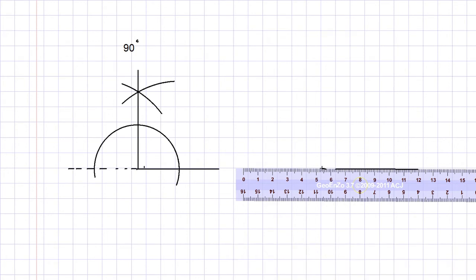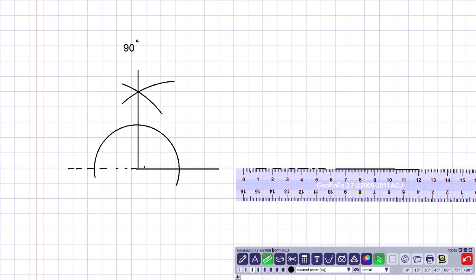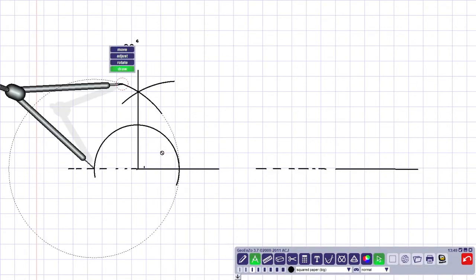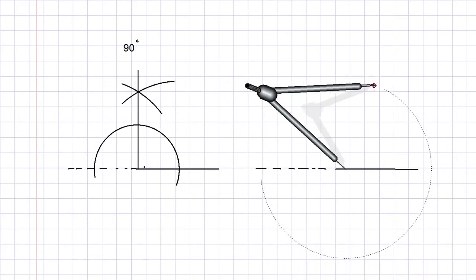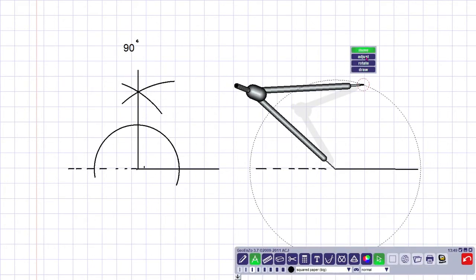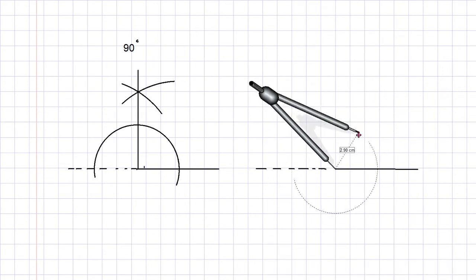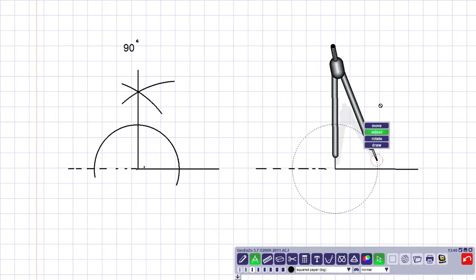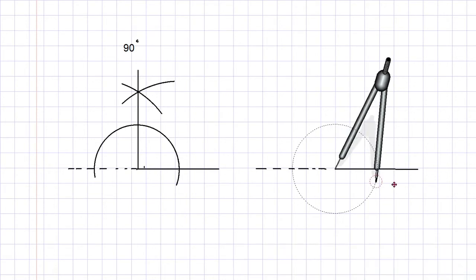This half I will draw using dotted lines. Draw the 90 degrees angle.